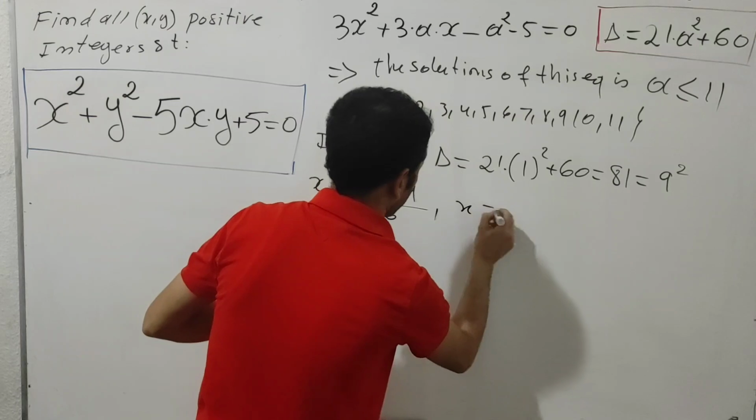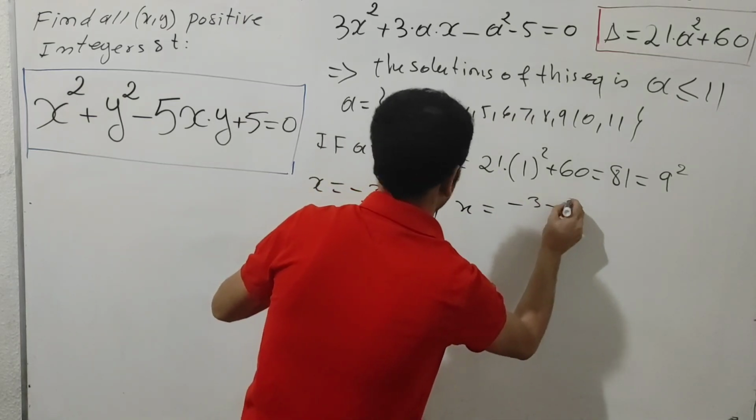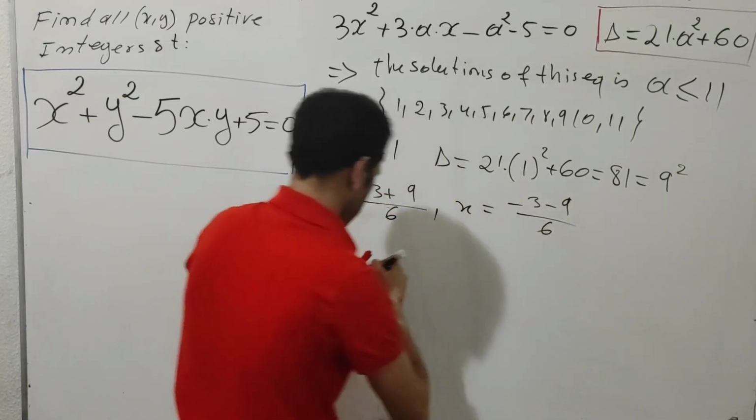Then the second solution, I will have minus 3 minus 9 divided by 6.